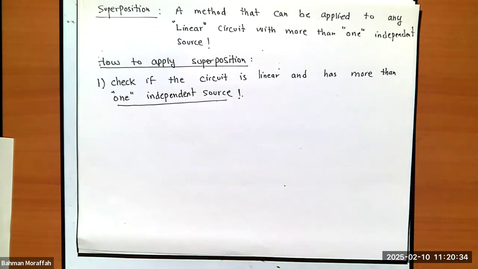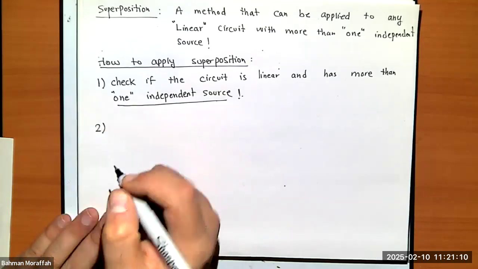If I have one independent and one dependent, I cannot apply this. It has to be more than one independent source. And it should make sense. Why? Because we want to find the contributions of independent sources and see, for example, if I have two independent sources, how impactful every single one of those two sources is for whatever parameter we're trying to find, right?